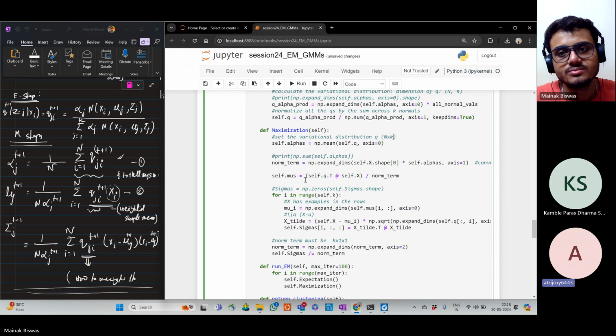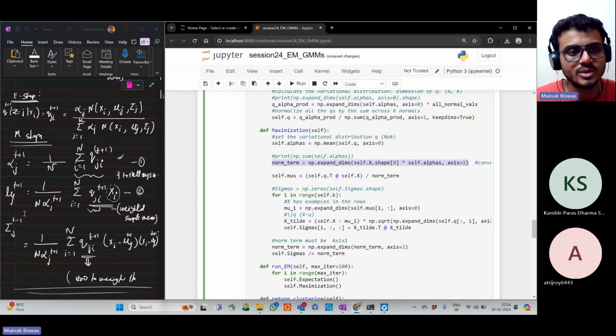Now your norm term, whatever norm you're seeing over here, is going to help you normalize this denominator. So this is the sum of q_j^i x_i, i equal to 1 to n. Does it look familiar? It looks like a vector matrix product, right?